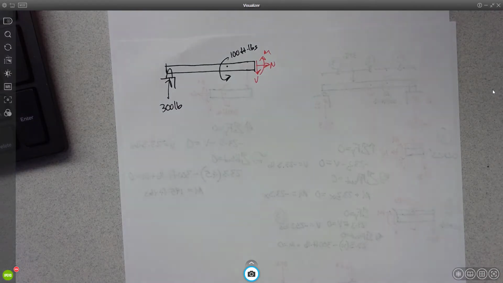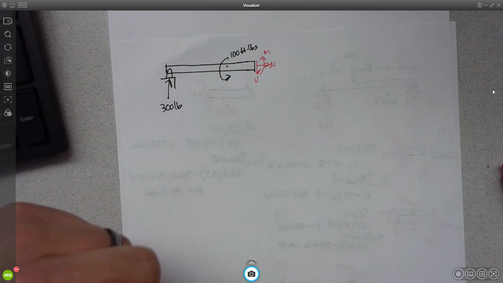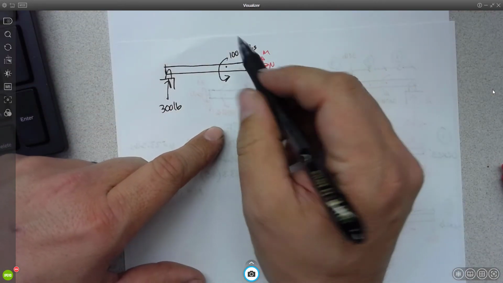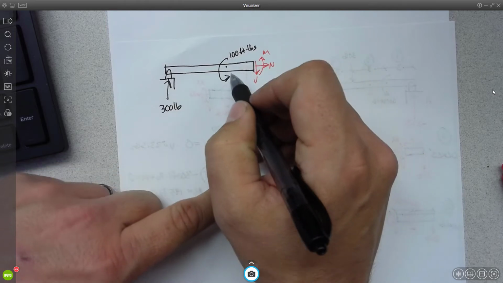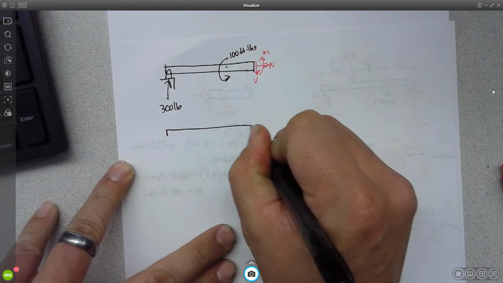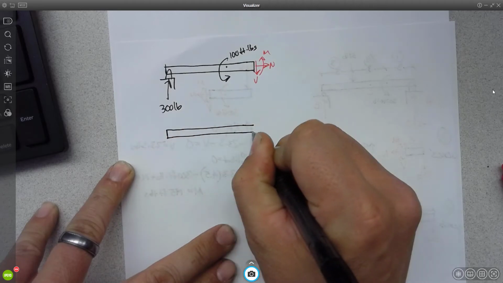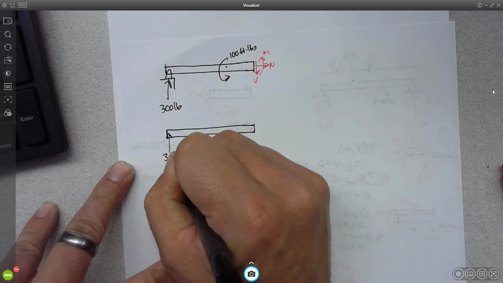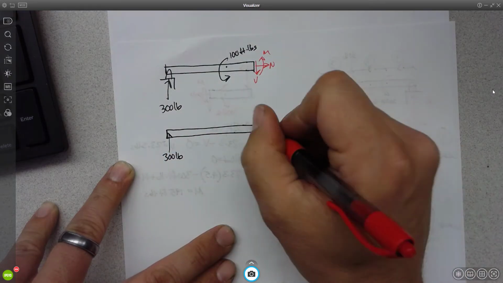Is a couple moment something where, you know how there were couples of forces and then you derive it into a moment? Is that what the couple moment is representing? Sort of. A couple moment is like when we were doing force simplification, absolutely. So an equivalent beam might look like this.